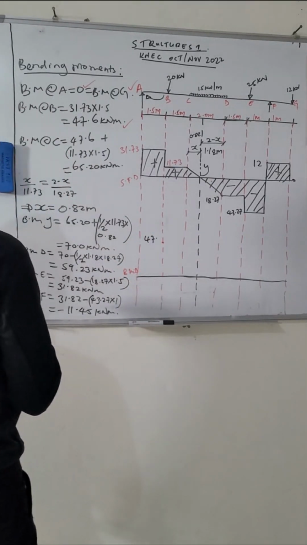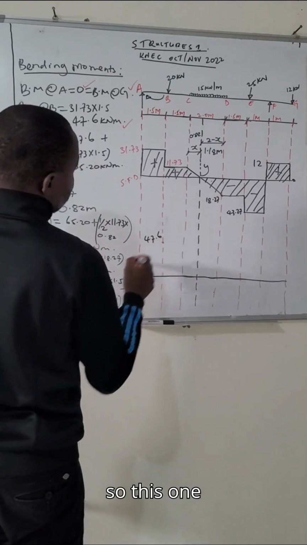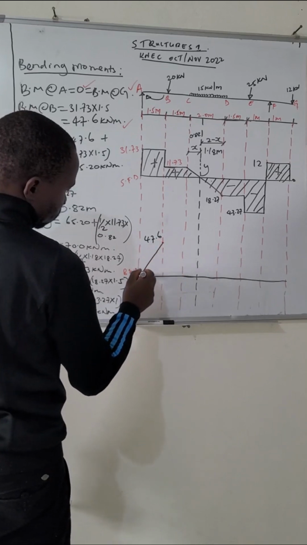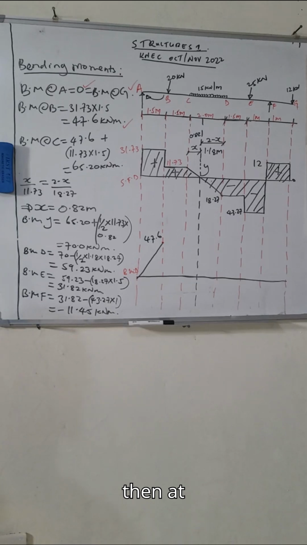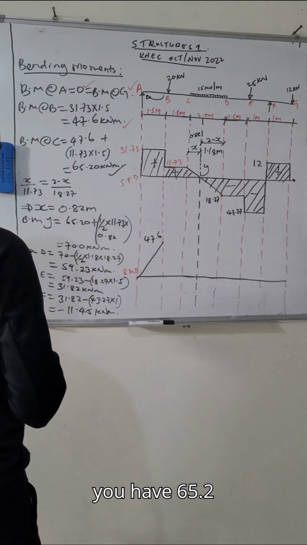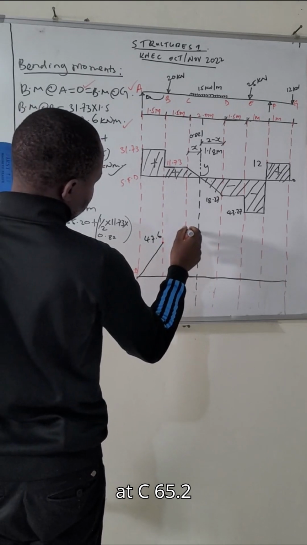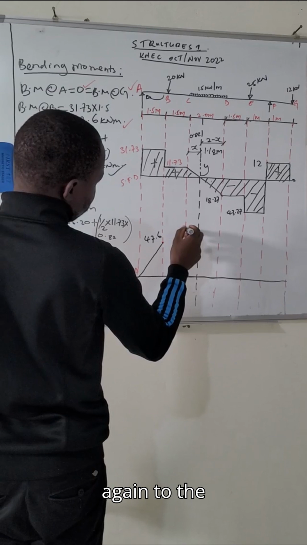So this one will be a diagonal line like that. And then at C you have 65.2. Again keep the diagonal.